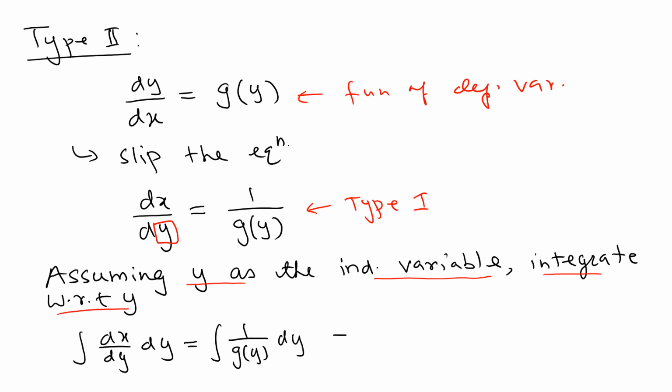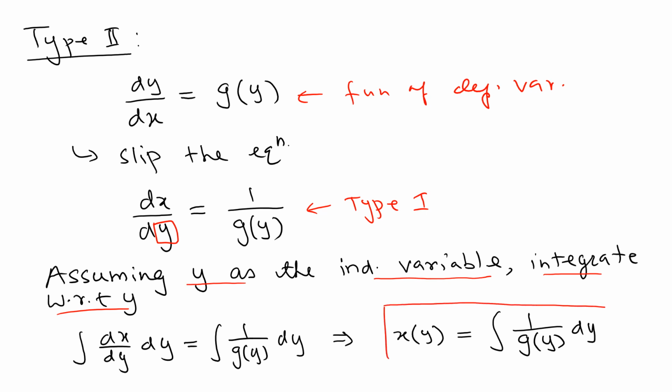So this leads to the solution. On the left side, you get x as a function of y now. On the other side, we integrate 1 over g(y) dy. So that's what you can use as a formula for type 2.